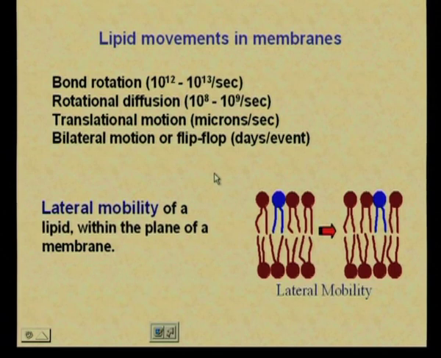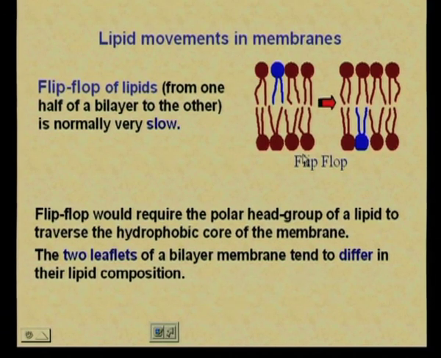We are saying that when we consider the flip-flop, the lateral mobility is relatively easier to occur than the flip-flop, because here we are speaking of a lateral diffusion where the polar head groups remain in a polar environment. But in a flip-flop case, we have the lipid go from one bilayer to the other bilayer. So, for this event to occur, this would have to traverse the whole hydrophobic core of the membrane, which would be unlikely.